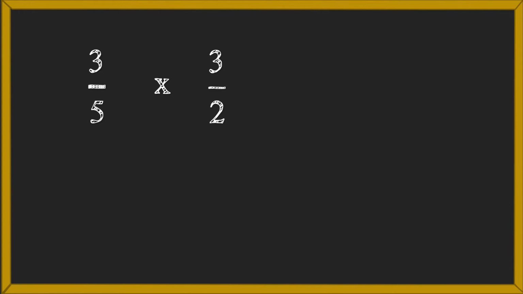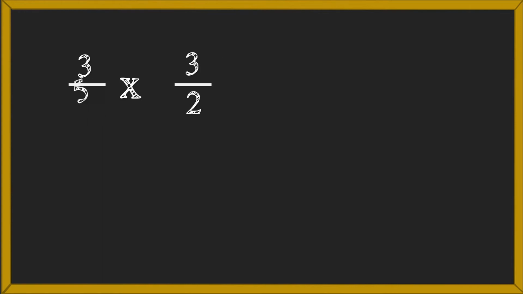Step 3, multiply both the numerators and both the denominators. 5 times 2 is equal to 10, and 3 times 3 is equal to 9. And since 9/10 is already in its simplest form, this is the final answer.